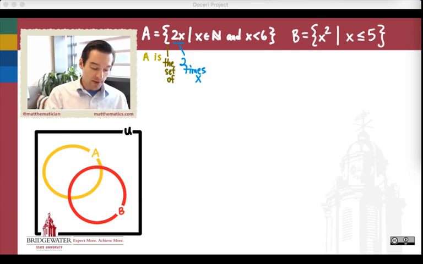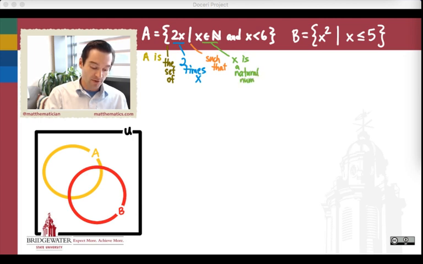And then people were generally pretty good about reading the rest of the set builder notation. The rest of it we read as such that. And then following the such that came these two clauses. x is a natural number. The natural numbers being the numbers that we use to count non-empty finite sets.